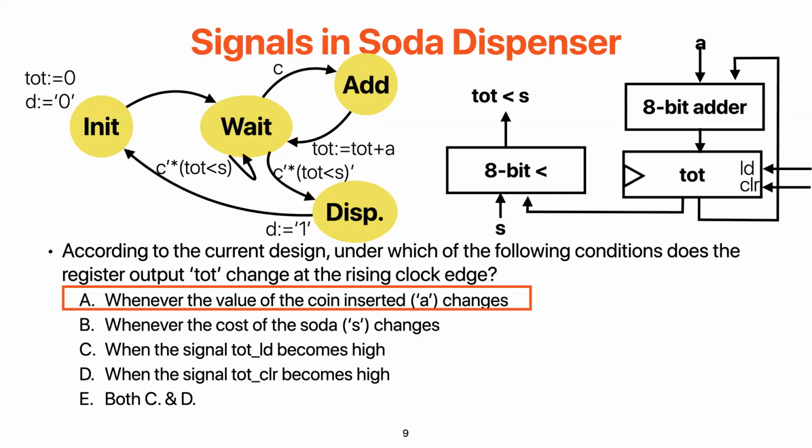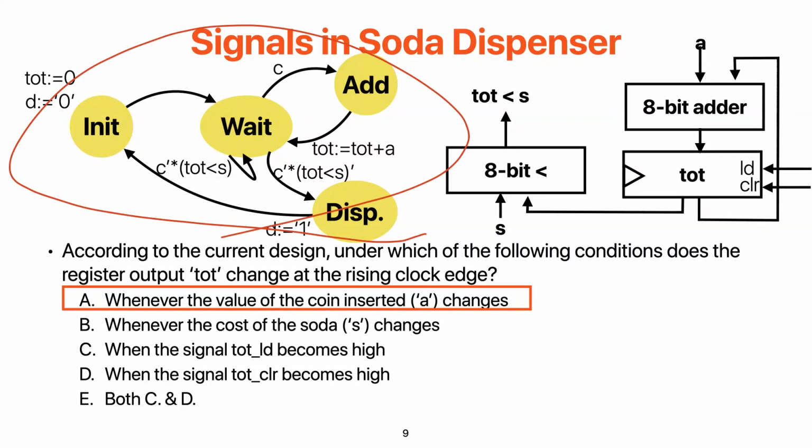All right, but total can change even when the value of the coin inserted doesn't change, because there's nothing here talking about the current design. There's nothing here talking about these two things, right?